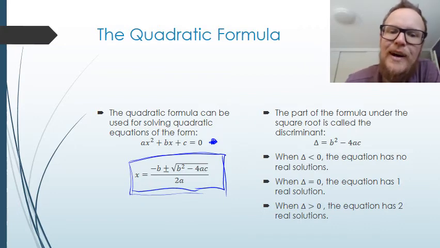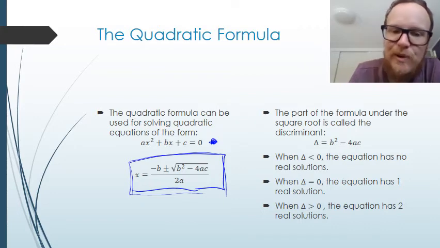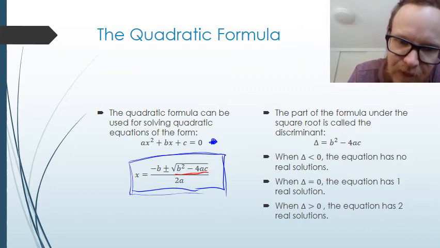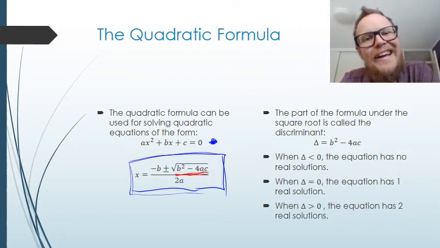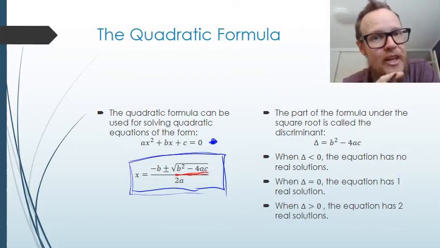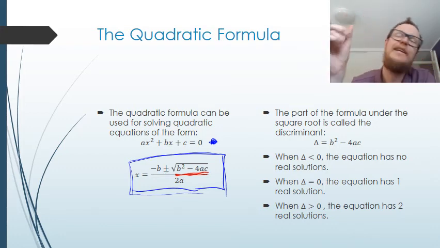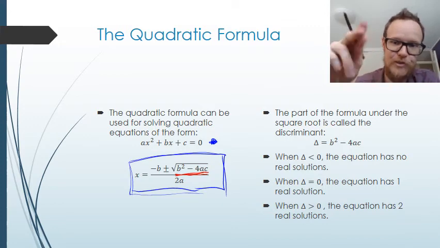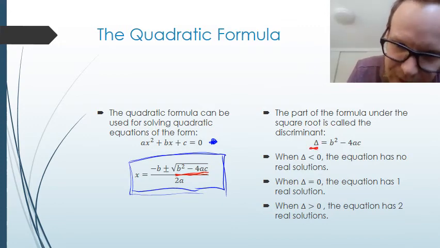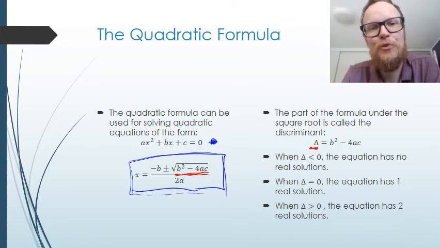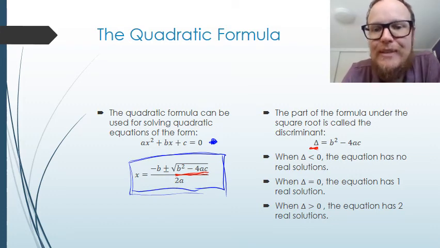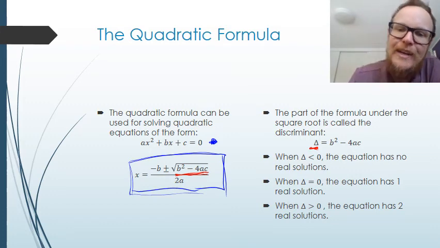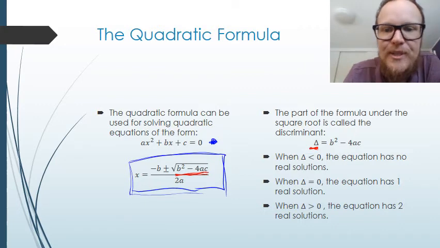So the part of the formula that's under the square root, this part here, b squared minus 4ac, is called the discriminant, because it discriminates whether or not there is going to be two solutions, one solution, or no real solutions. We give that a little symbol here, delta, the Greek capital letter delta, which is equal to b squared minus 4ac.